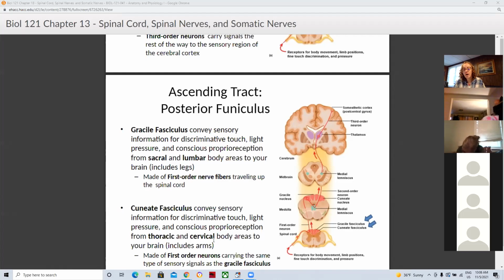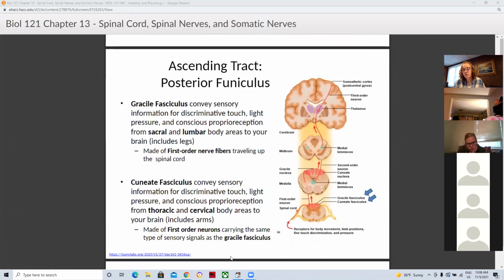This is made from first order neurons that carry the same type of signal as the gracile fasciculus. So one is doing the upper part of the body, one is doing the lower part of the body, and both of them are doing discriminative touch, light pressure, and conscious proprioception.